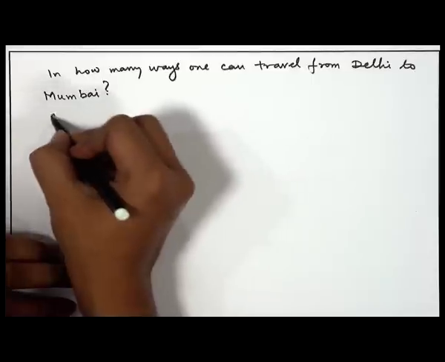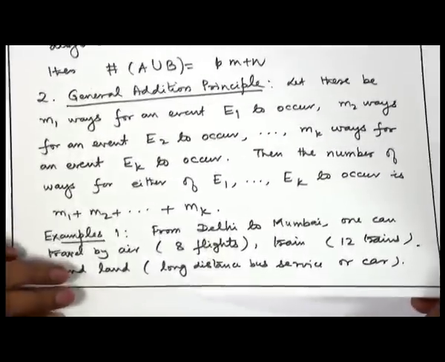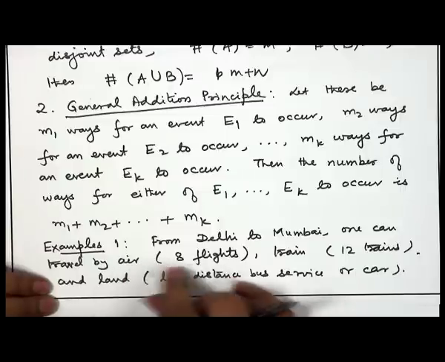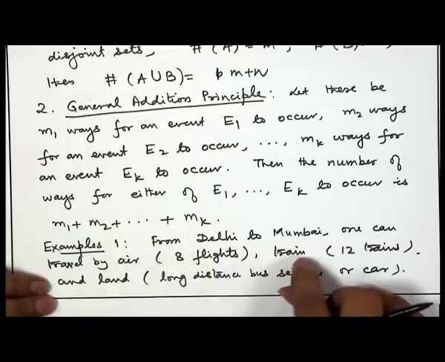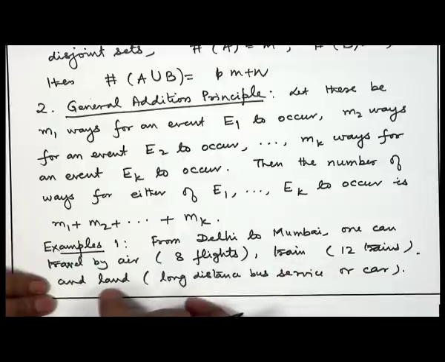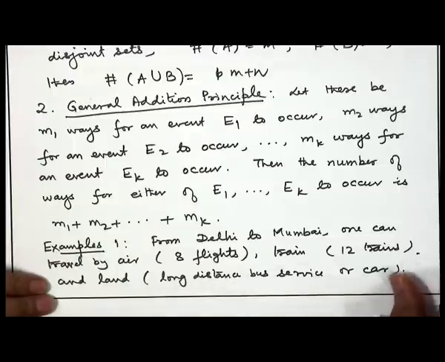So, naturally, if you consider the event of travelling by air as event E 1, then the cardinality of E 1 is 8. If I consider the event of travelling by train from Delhi to Mumbai, then the cardinality of E 2 will be 12, and if we consider E 3 to be the event of travelling by the land route, then the cardinality of E 3 is 2, because long distance bus service or car.